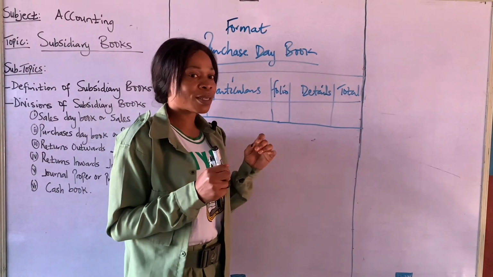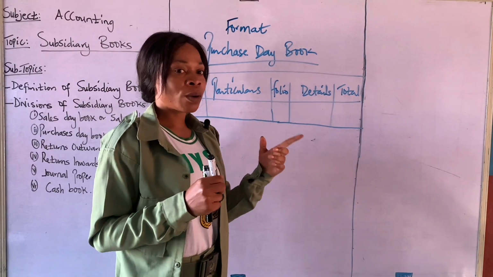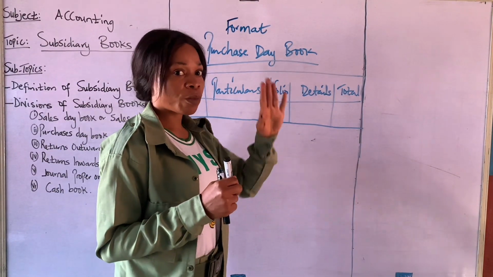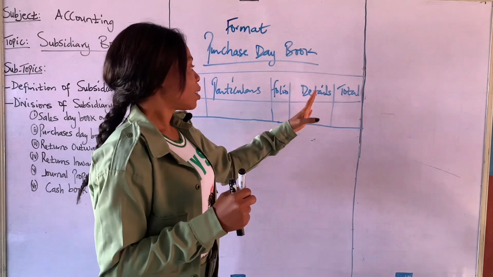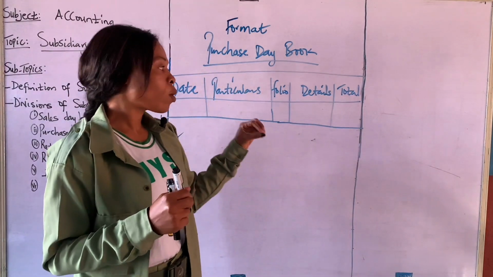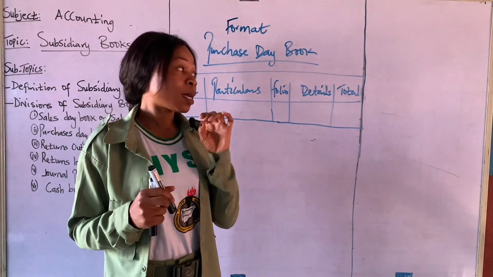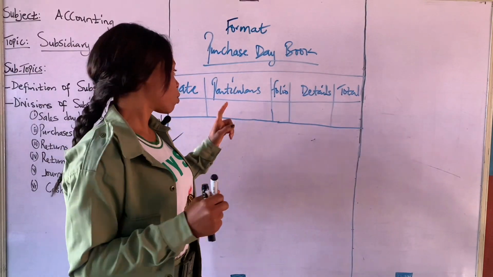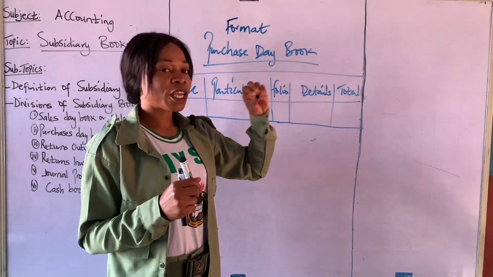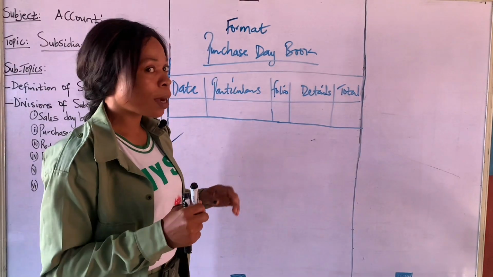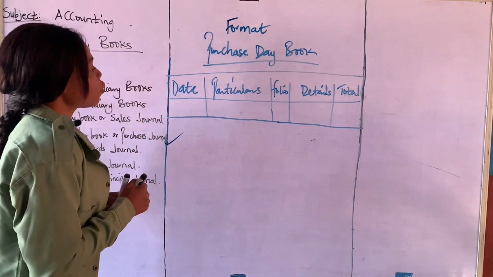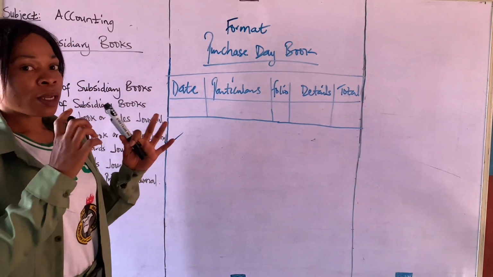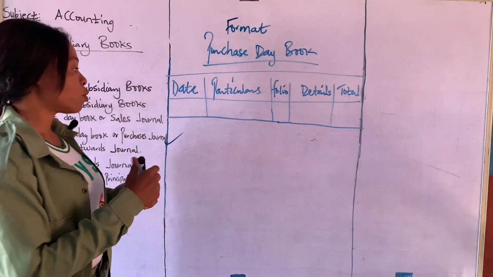Then the folio shows the invoice number or the ledger where the transaction will be posted into. The details comprise all the items that were purchased on that particular date, and the total gives us the summary of the amount in question. So today we are going to pick an illustration and do justice to it.